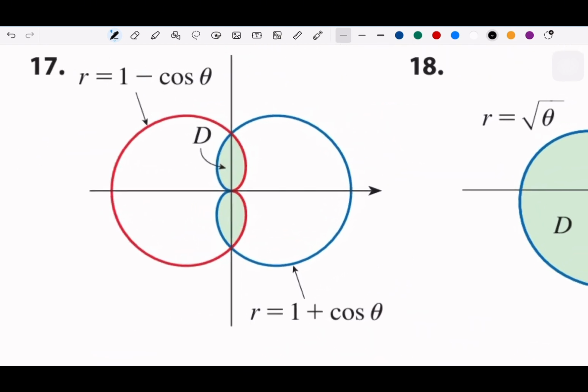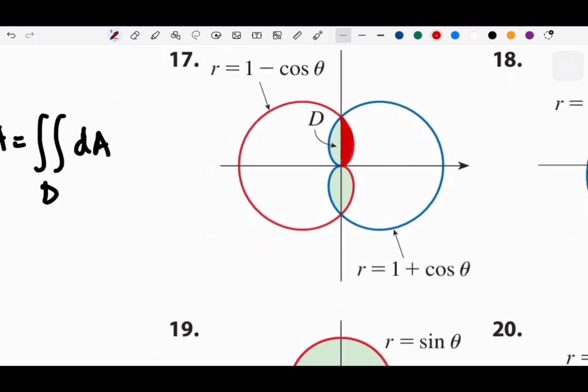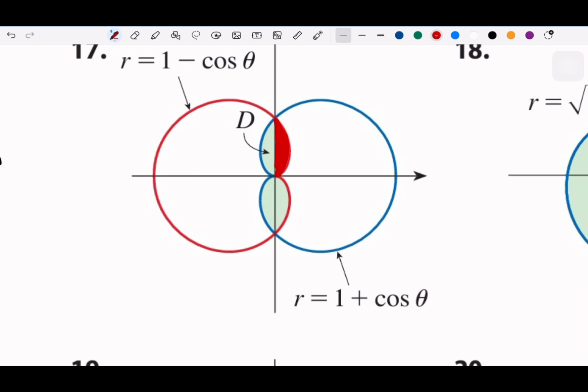Now if we look at this one, let me make it red. This region in red starts at theta equals 0, from this side here, and then it moves to here, and this will be theta equals pi over 2.